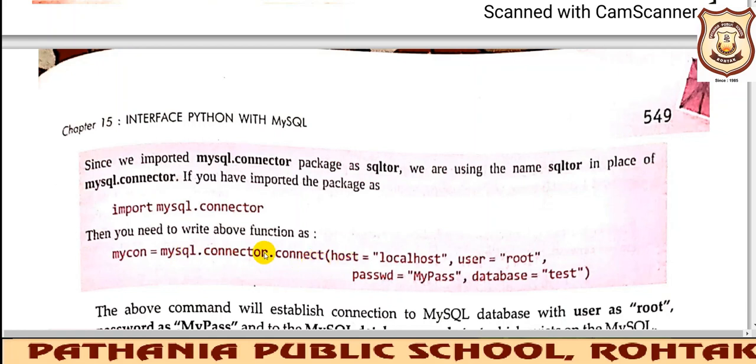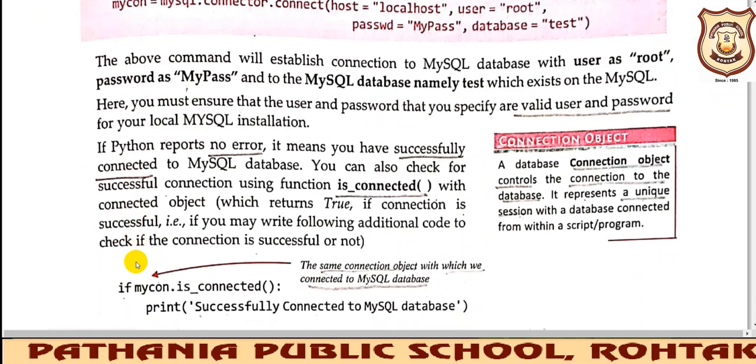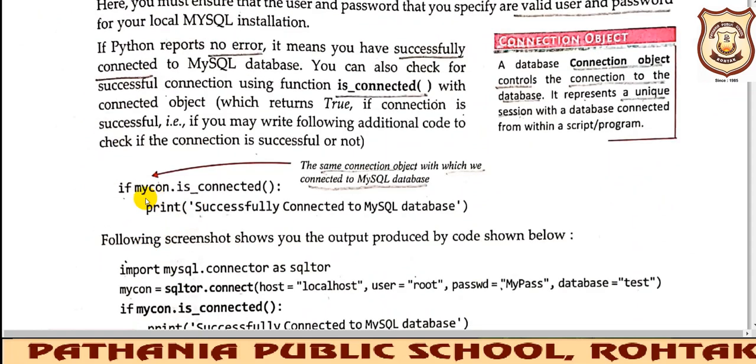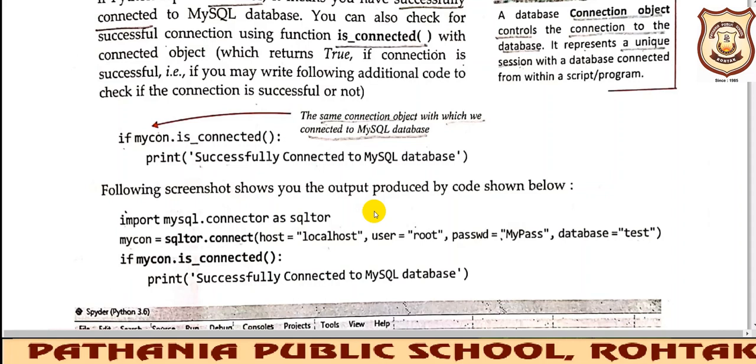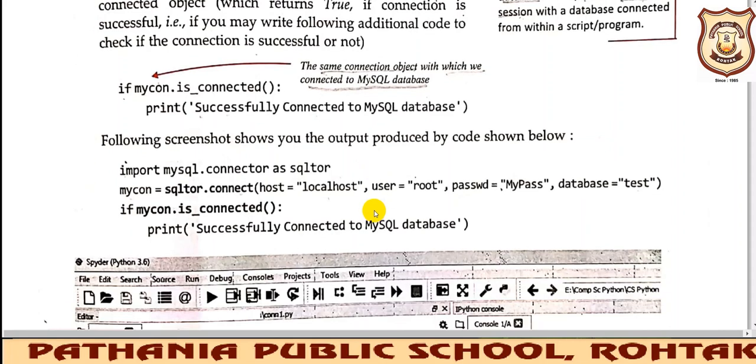If the connection has been made, mycon will get the value one. If the connection has not been established, mycon will get zero. So you are checking mycon.is_connected(). If it is true, it will print that MySQL is successfully connected to Python. Otherwise it will give you an error message.